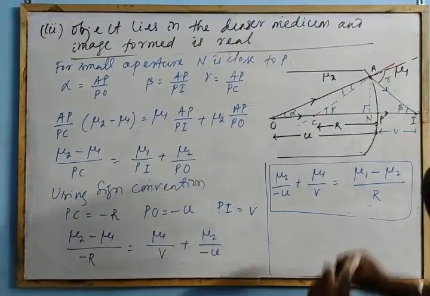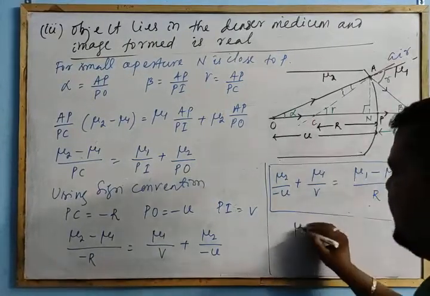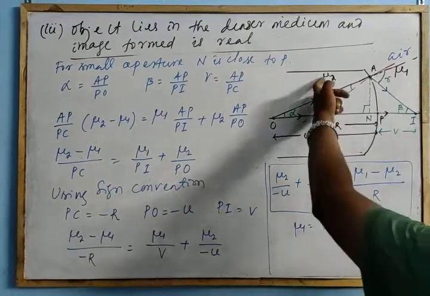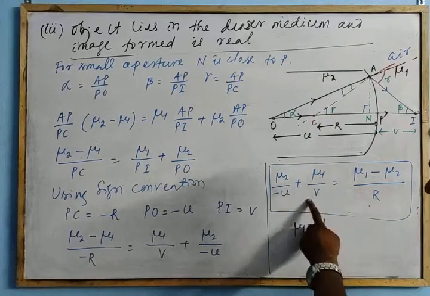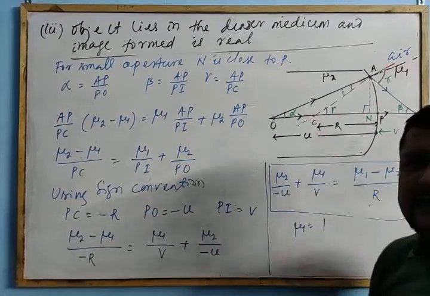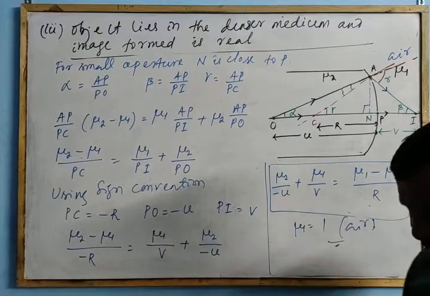If it is given that this medium is air, then you will take mu1 as the absolute refractive index of air, 1, and this is mu. So mu by minus u plus 1 by v is equal to 1 minus mu by R. We will use it like this for air medium if the question is there.